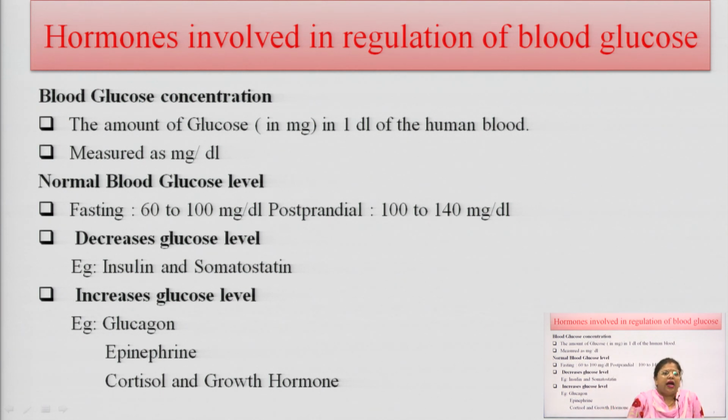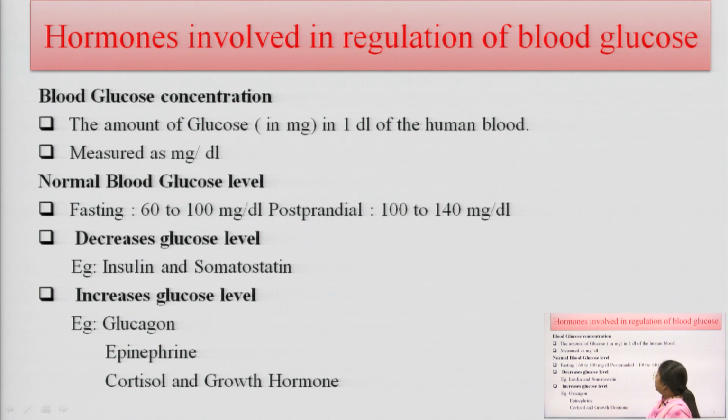So, what is the blood glucose concentration? Normally the amount of glucose in blood is measured in milligrams per deciliter of blood.